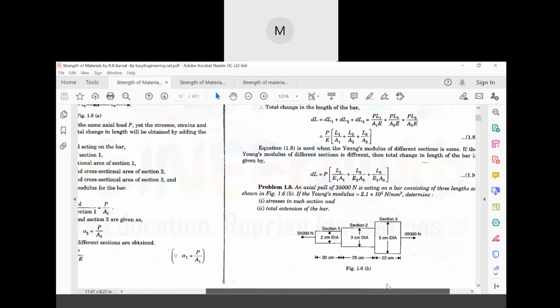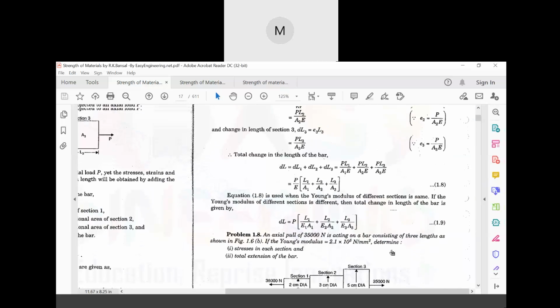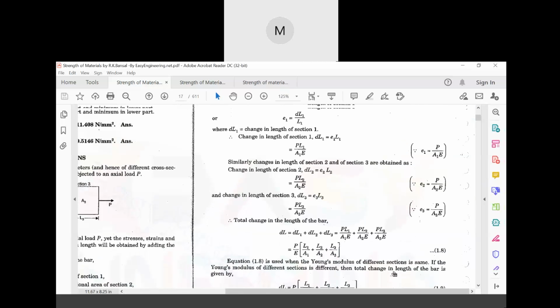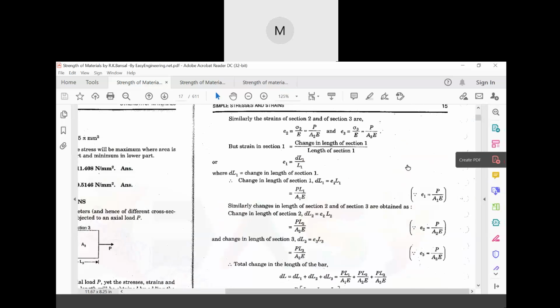Then if you go to the next part, similarly for section 2 and section 3, we have epsilon 2 and epsilon 3. So the change in length per original length.